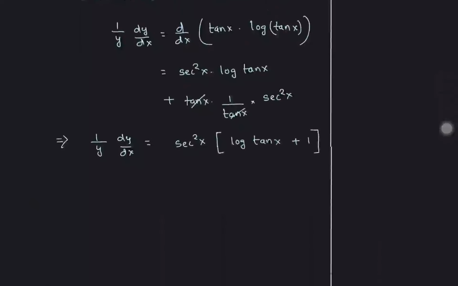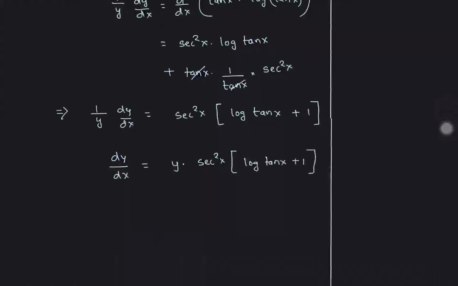So what is dy by dx? Dy over dx will be equal to y multiplied to sec square x multiplied to log of tan x plus 1. Now you can substitute the value of y that's there in the original equation.